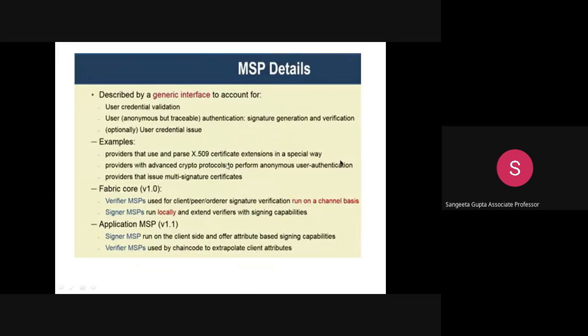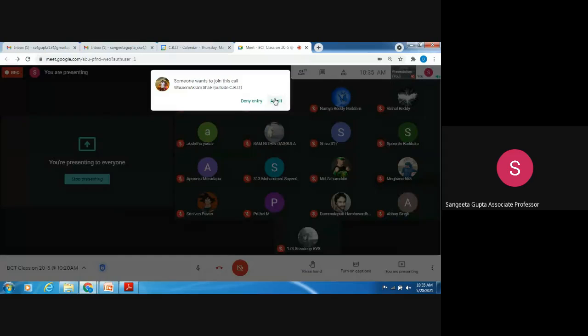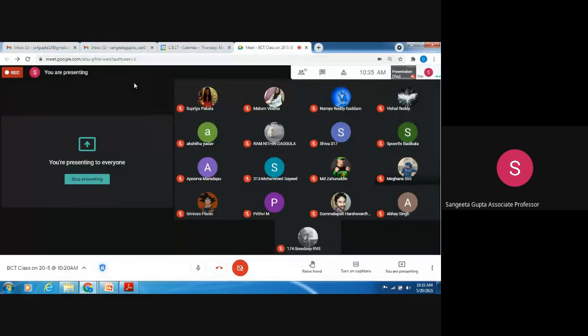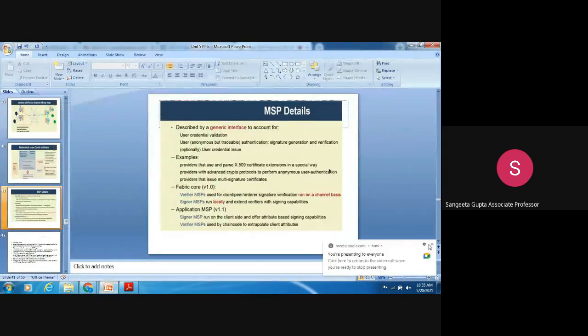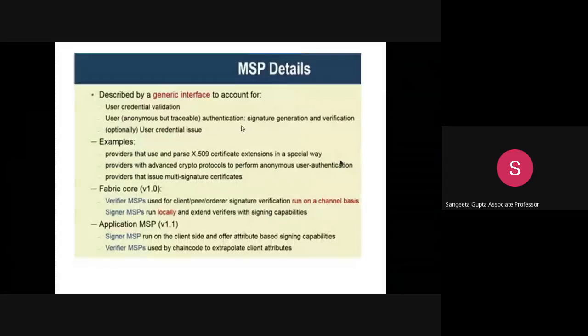Then how will you represent the various roles and responsibilities across the various MSPs? Suppose there is a hierarchical arrangement, there may be a root CA. We have seen in unit 3, while discussing the Hyperledger Fabric environment, the root CA, isn't it? Then intermediate-level CAs will be there.